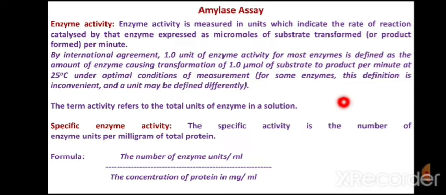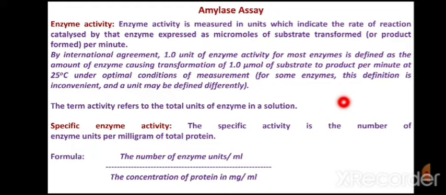In that given protein preparation, if you specifically want to measure the activity of your enzyme, that is determined by specific enzyme activity. That means in the whole preparation of protein, how much is the concentration of your enzyme in comparison to the total protein content of that preparation.